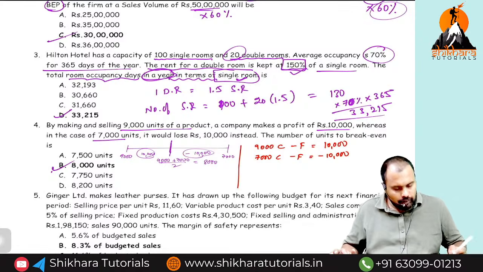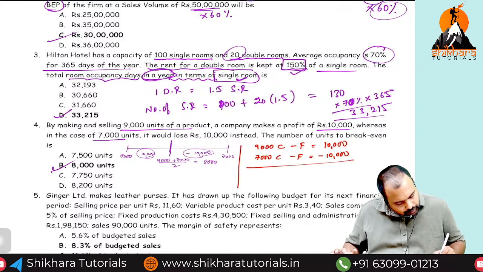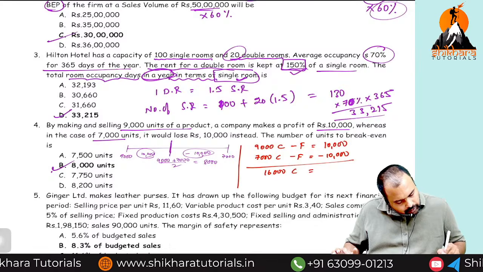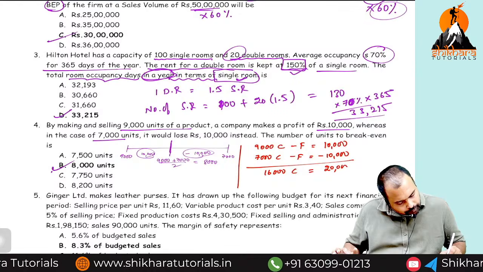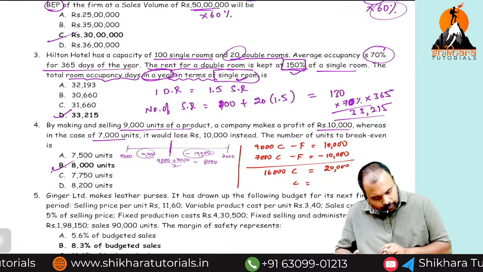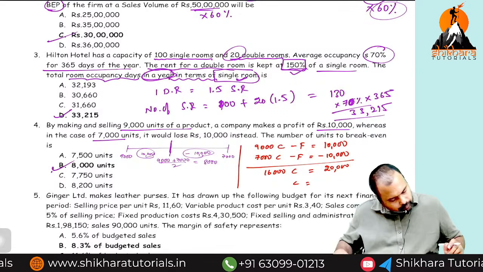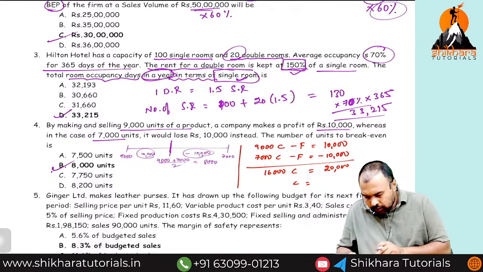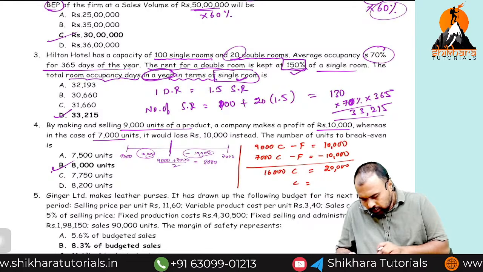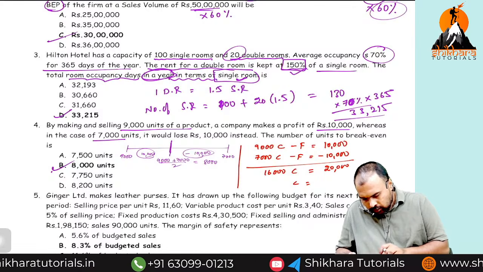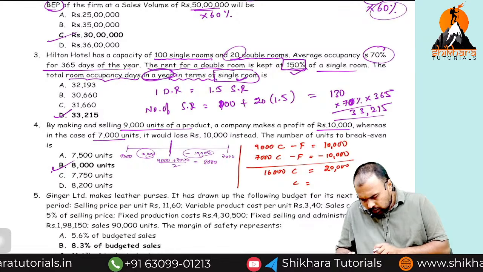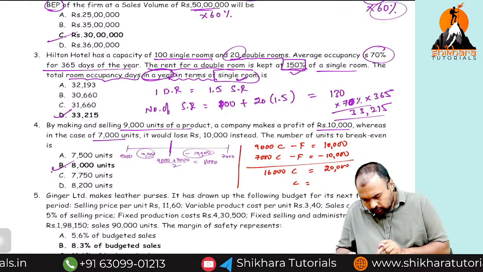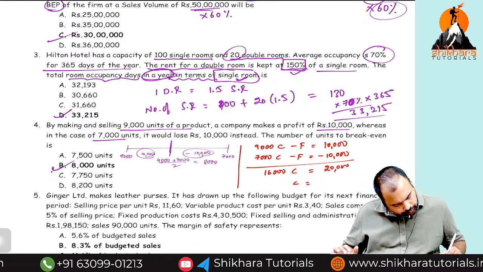Now, if we add these two, 16,000 contribution is equal to 20,000. Then contribution is equal to 20,000 by 16,000, which is 1.25.